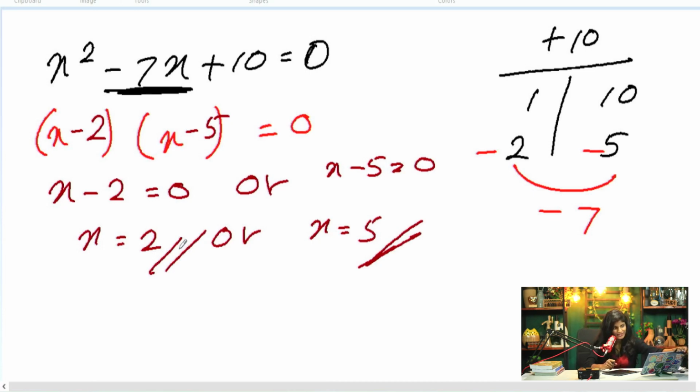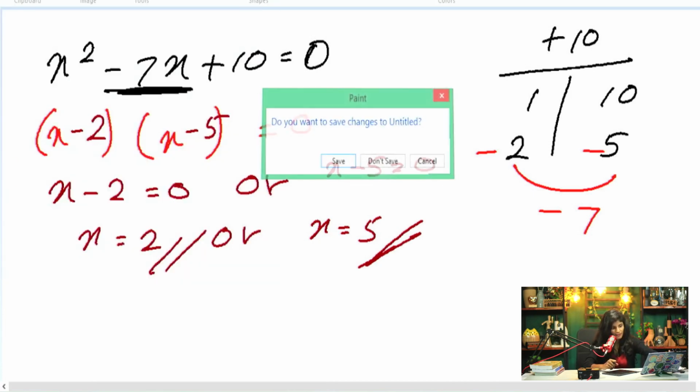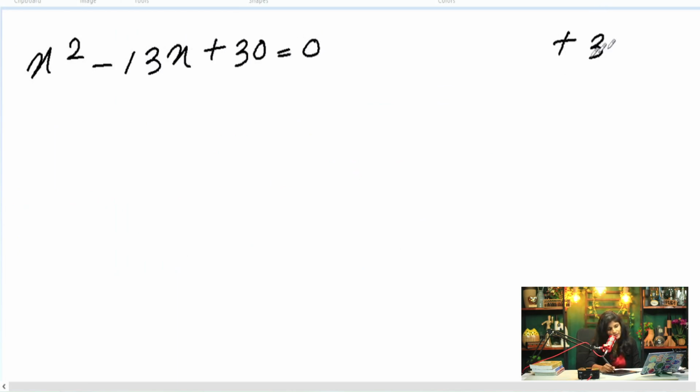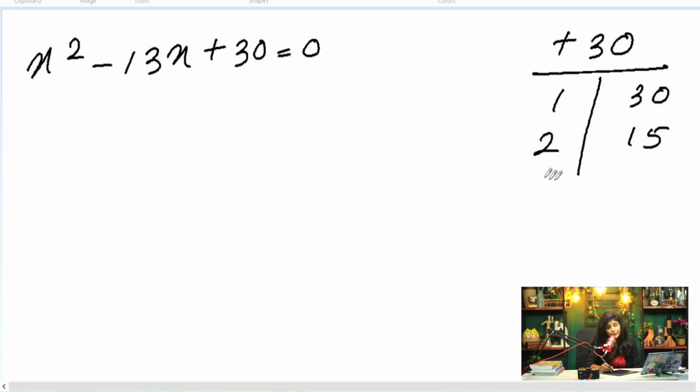So, the fourth question now. x square minus 13x plus 30 equals 0. Now we have to make positive 30. 1 multiplied by 30, 2 multiplied by 15 or else 3 multiplied by 10. Now what is the middle value?